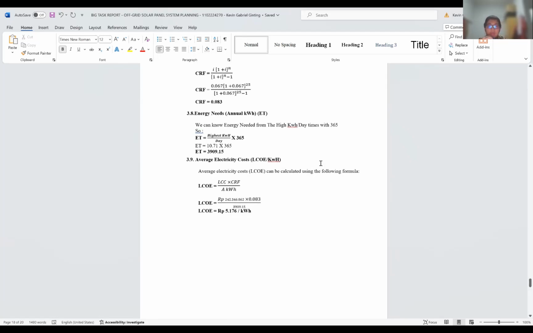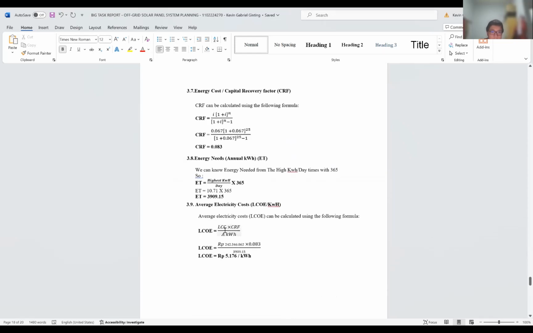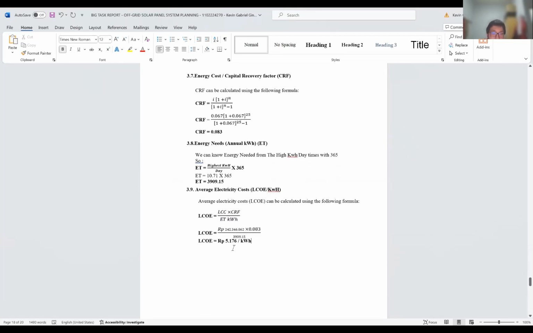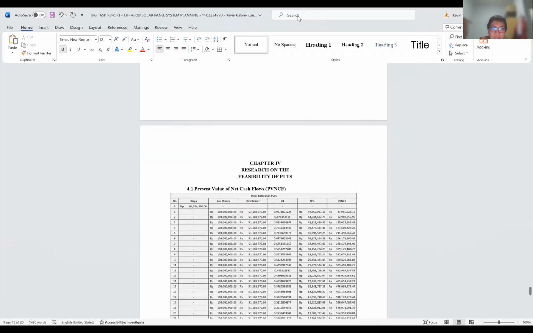After that, we have to know the average electricity cost, or LCOE, with this formula: LCC, life cycle cost, times CRF over ET. And we get around 5,176 per kilowatt hour.